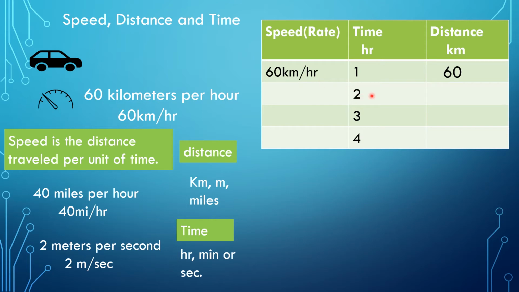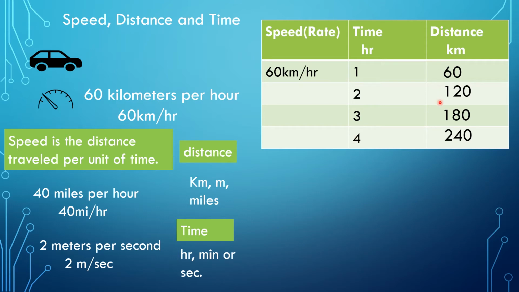In 2 hours, you travel 120 kilometers, simply 60 times 2. In 3 hours, you travel 180 kilometers, which is 60 times 3. And in 4 hours, you travel 240, or 60 times 4.